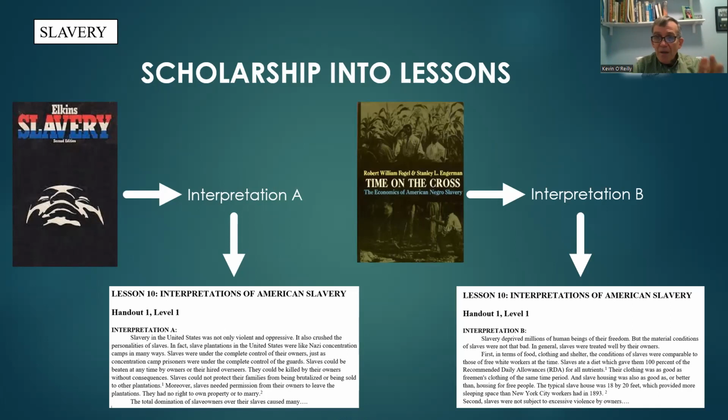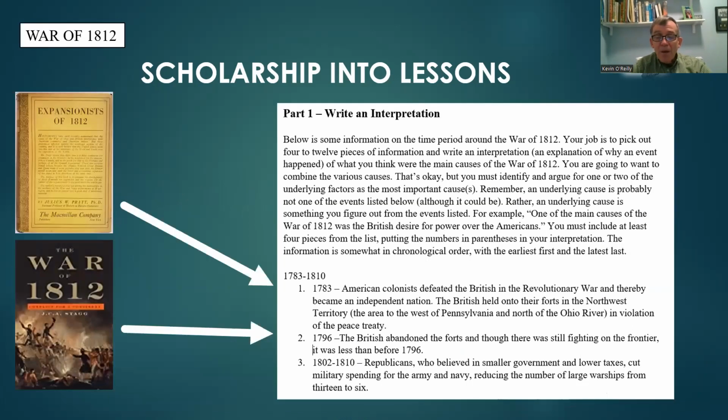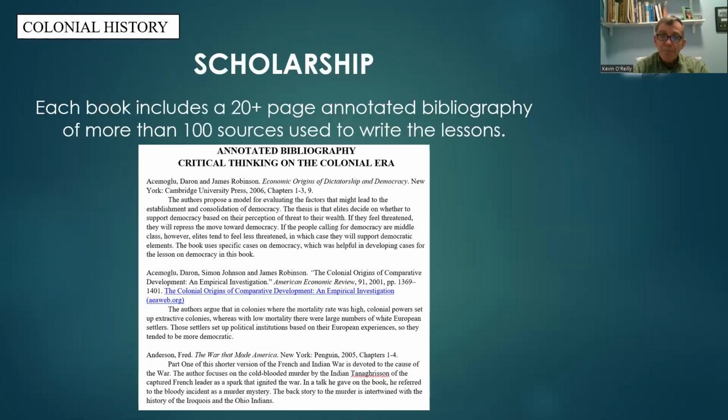So students get these various interpretations written at a level they can understand, but still doing the critical thinking. And that's really important. And on the War of 1812, the students are writing interpretations based on information I got from the books, 2 of which are on the left there. So they get a chance to see that writing interpretations is partly about selection. What is it you think is important?